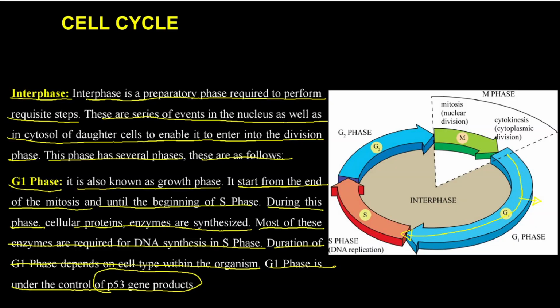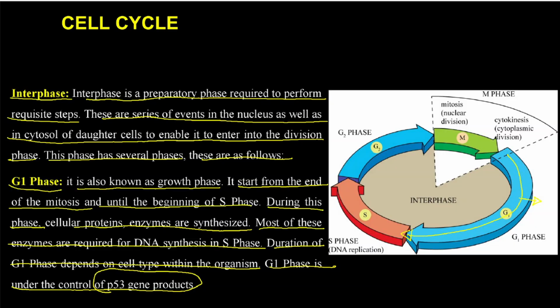In this phase, cell prepares itself for the division. It checks whether I have an ample amount of nutrition, whether I have an ample amount of cytoplasm, whether I have an ample amount of each and everything which is required for division except for the genome, because genome will be duplicated in the S phase.